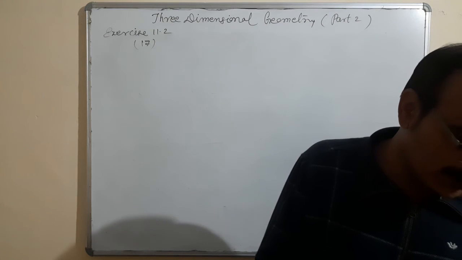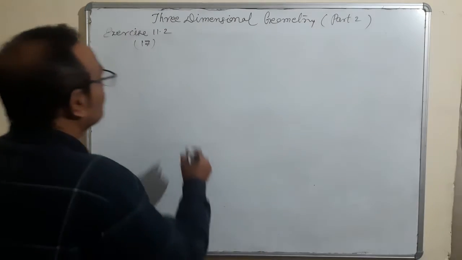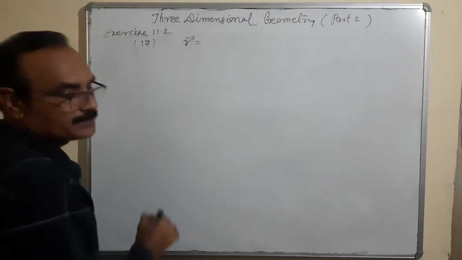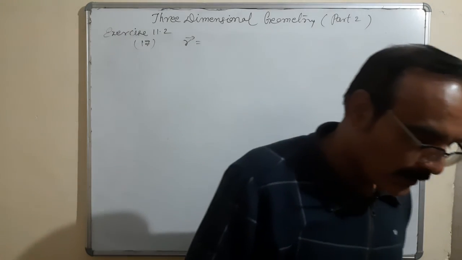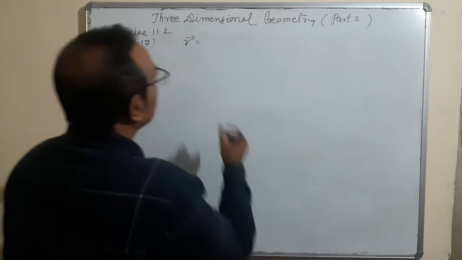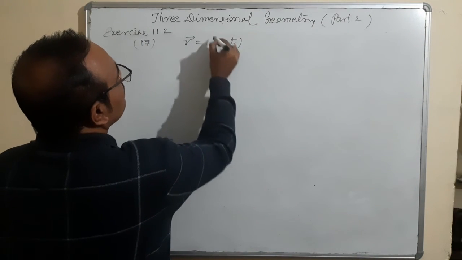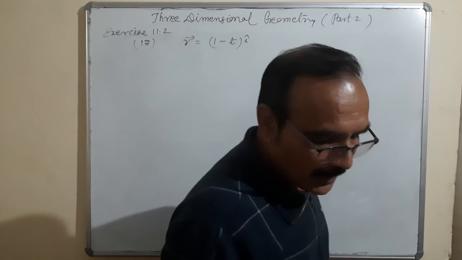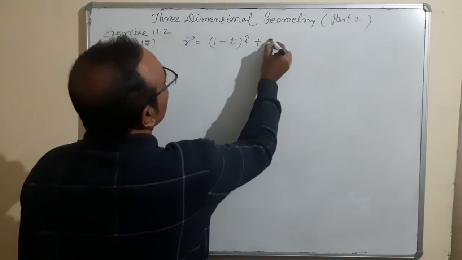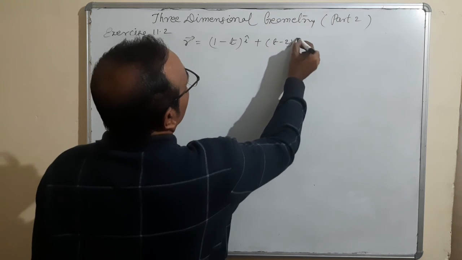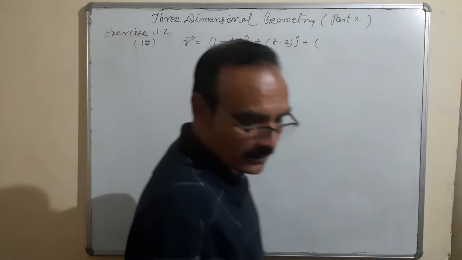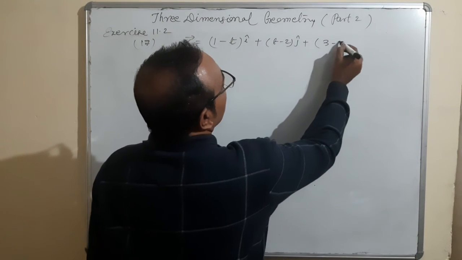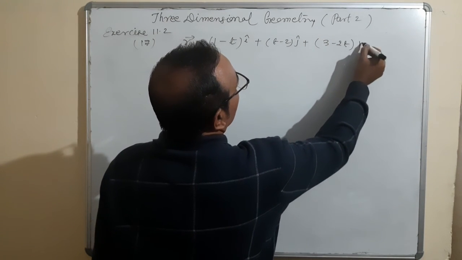17, find the shortest distance. Vector r is equal to (1 minus t) i plus (t minus 2) j plus (3 minus 2t) k.